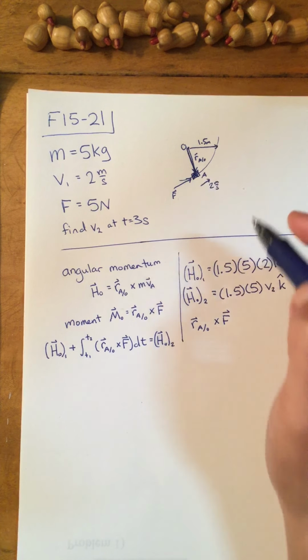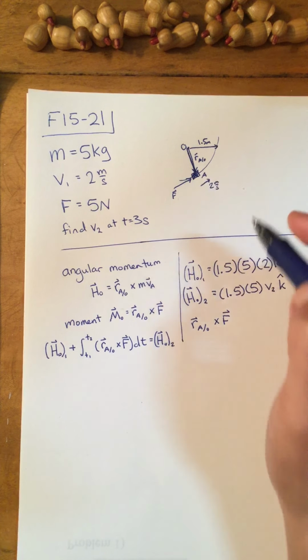So I have 5 times 2 is 10 times 1.5. That gives me 15, plus 1.5 times 5 here, then integrated. Now they told me that the force was constant. The length of the vector r is not changing either, so both of these can come outside the integral. So let's just do this.